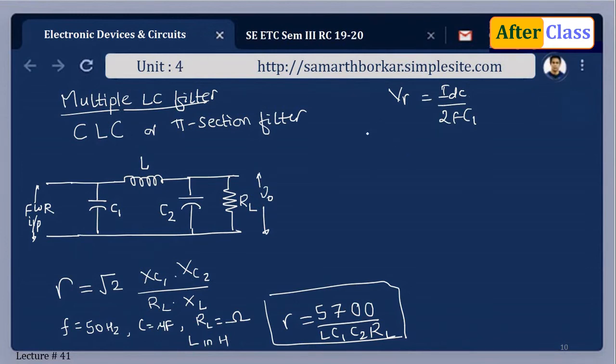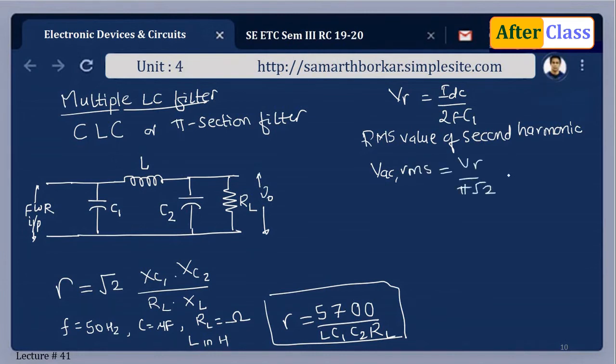of the second harmonic is VAC RMS, that is VR peak to peak, is VR by pi √2.